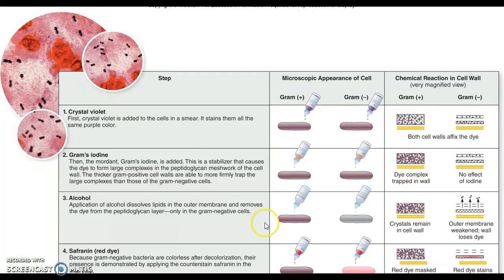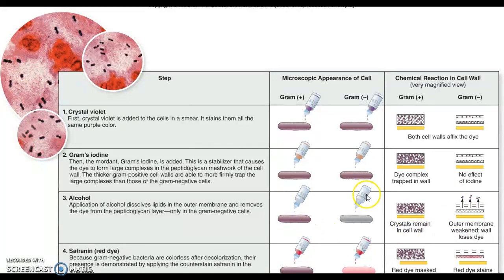And then we add alcohol, and the application of the alcohol serves to decolorize any gram-negative cells. So the alcohol dissolves the lipids that are components of the outer membrane, and this allows the dye from the peptidoglycan layer to be removed.